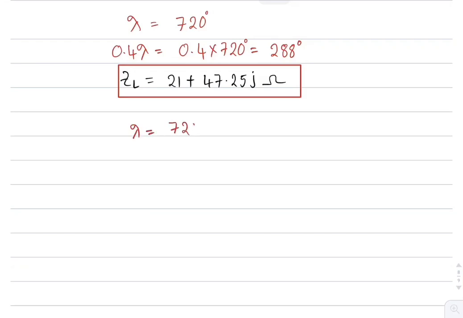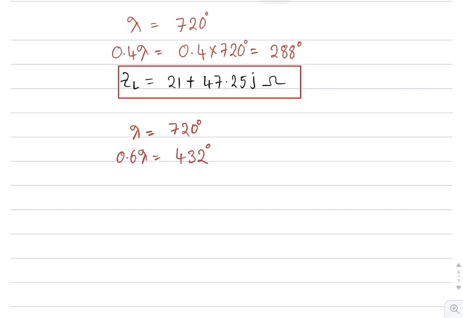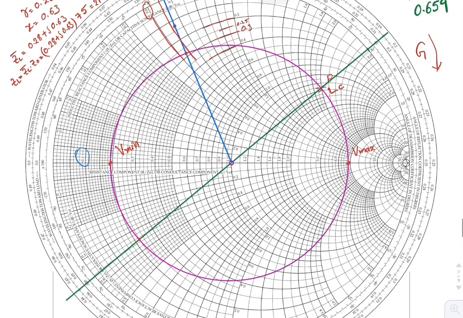Lambda represents 720 degrees. 0.6 lambda represents 432 degrees. That means you have to travel 432 degrees from the load. Now this is the load point. From this load point, this angle is theta suffix gamma, and we already saw this value, it is 40 degrees.